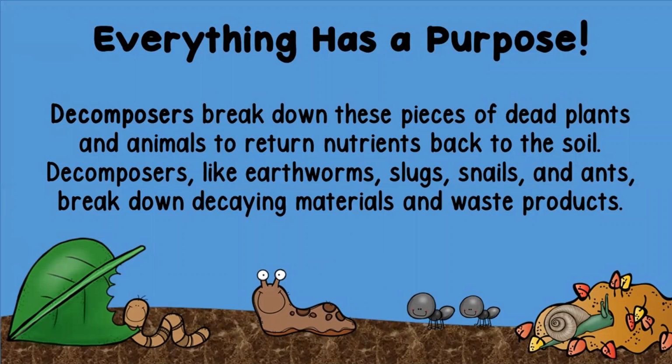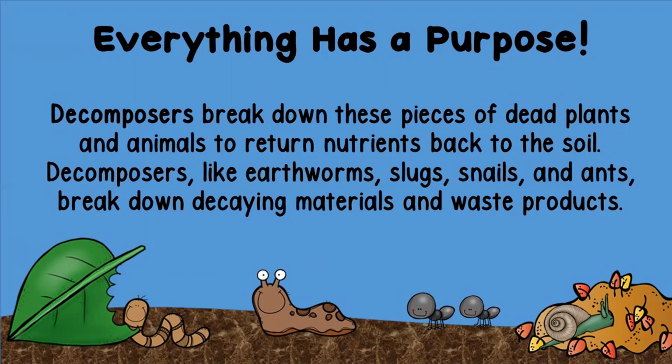The decomposers will break down those pieces of dead plants and animals and return the nutrients back to the soil. So if there's a piece of muscular tissue or something that the vultures left behind, maybe because they were full, the decomposers like earthworms, slugs, snails, and ants will break down that decaying matter and the waste product.